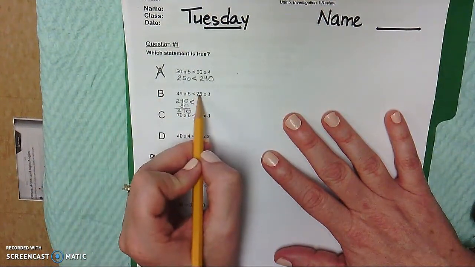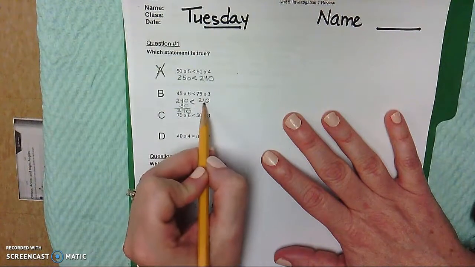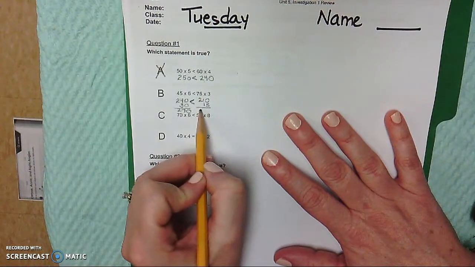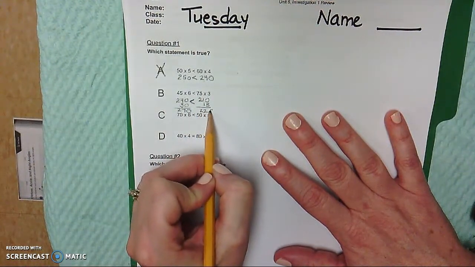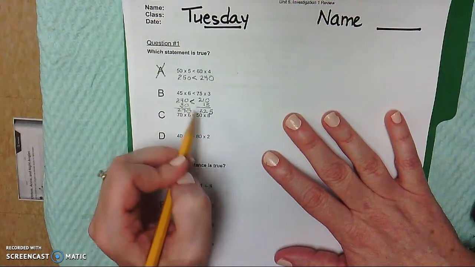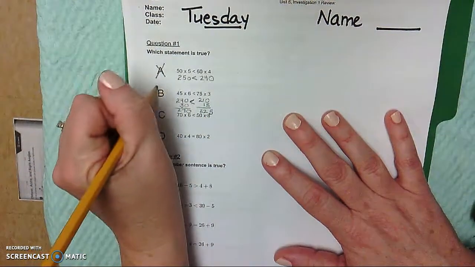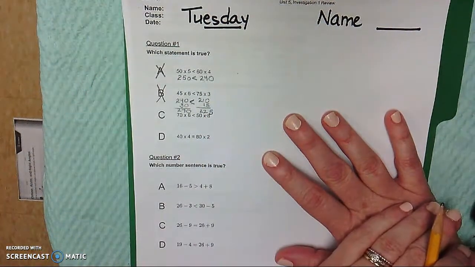So I'm going to break that 75 into 70 and 5, and 70 times 3 is 210, and 5 times 3 is 15, which gives me 225. So this is saying that 270 is less than 225. Is that true? No, that's not true either.